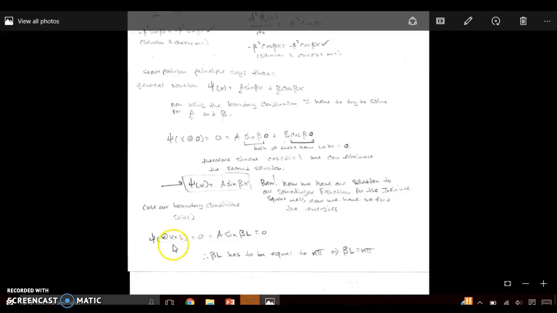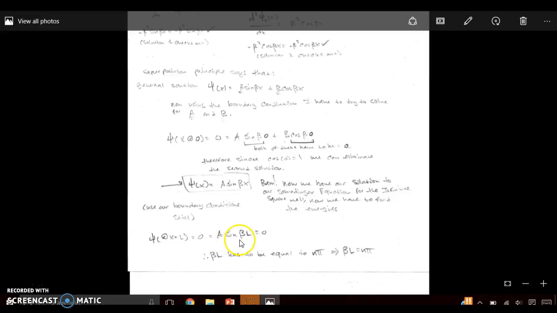Okay. So using our boundary conditions again, phi of x at x equal to L is our other boundary, and it has to be equal to 0. So therefore, A sine beta times L has to be equal to 0.